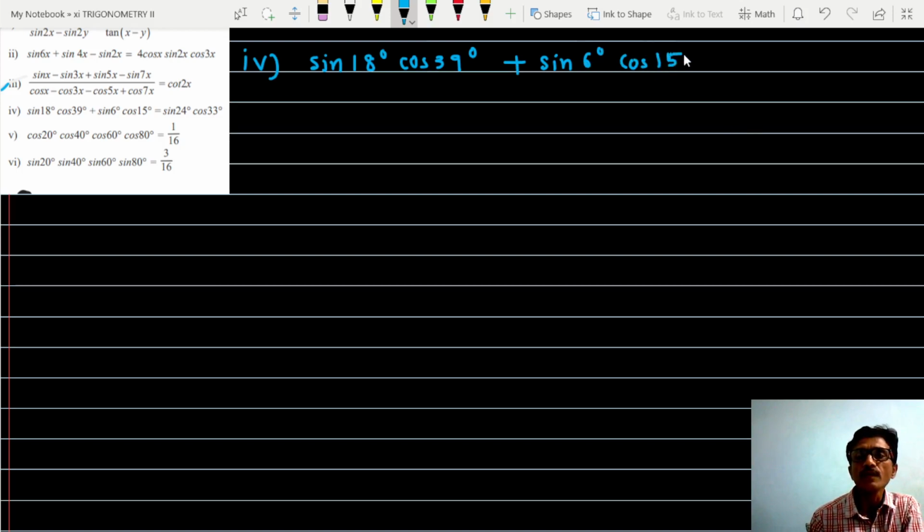We want to show it is sin 24 degree into cos of 33 degree.